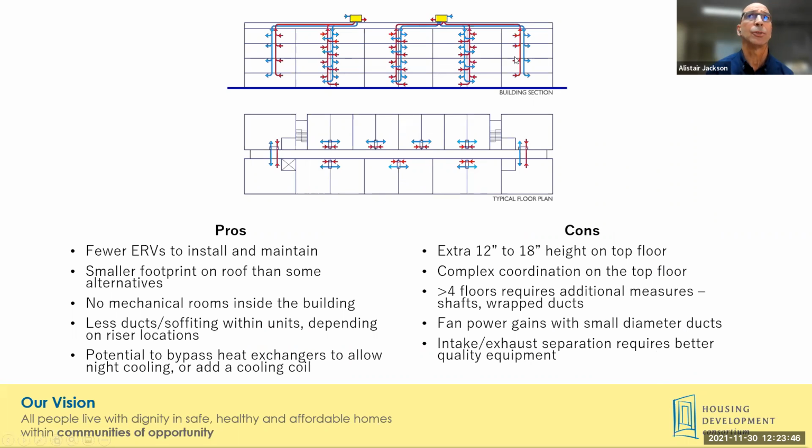Another significant issue is if you're dealing with more than 4 stories, there are going to be additional fire and smoke control requirements, including shafts, wrapping of ducts, and so on.